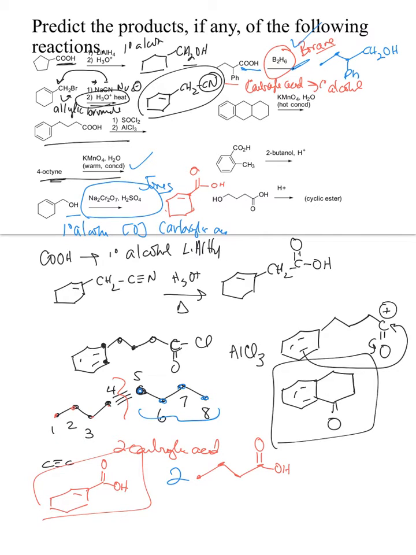Okay, this is permanganate, hot and concentrated, and this will not do anything to the aromatic ring. Remember, those aromatic rings are very stable, but this will do benzylic oxidation. So this is your benzylic position, and this is your benzylic position. And if you remember, it makes carboxylic acid.